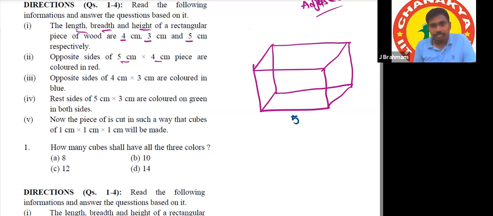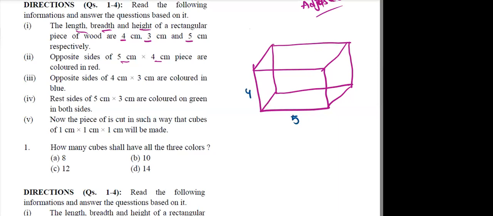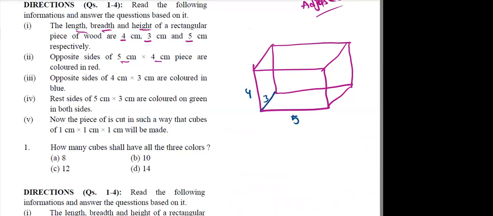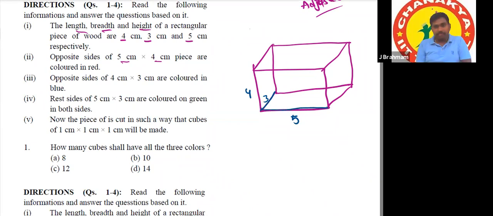Next highest is 4 centimeter. Least is 3 centimeter. Okay, this is 3 centimeter, this is 5 centimeter, and it is 4 centimeter. First, he has mentioned 5 centimeter and 4 centimeter pieces, means the sides are colored red.